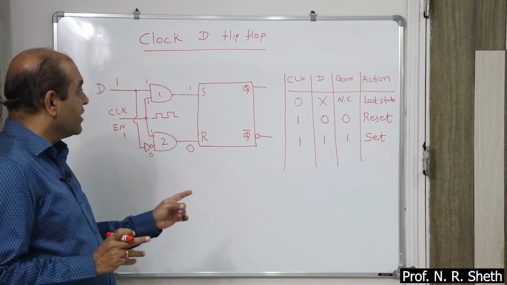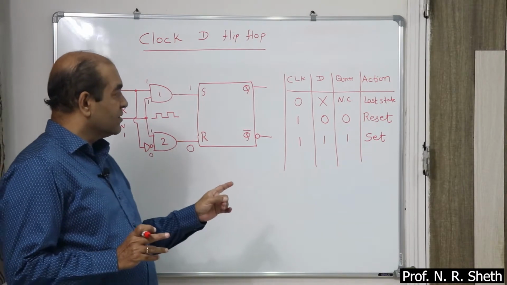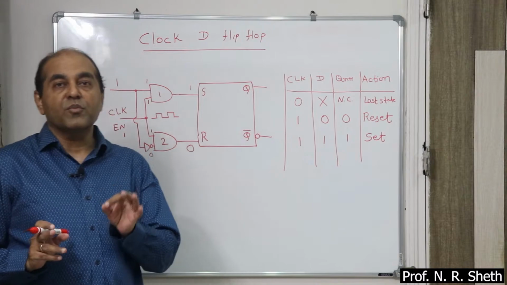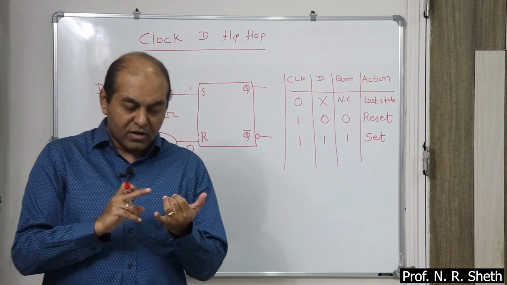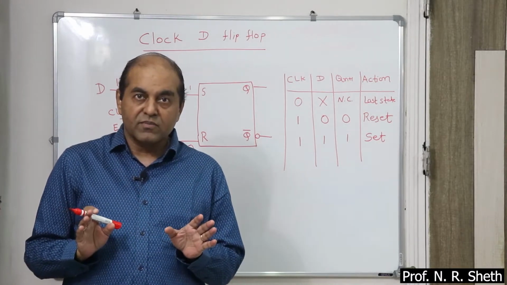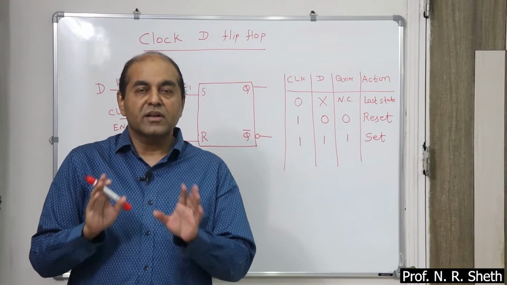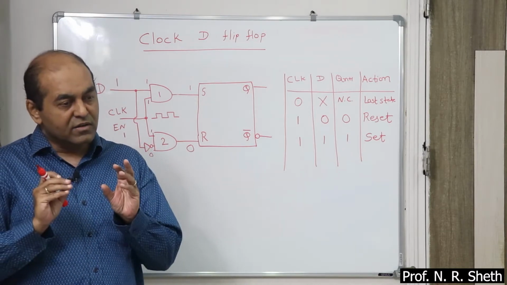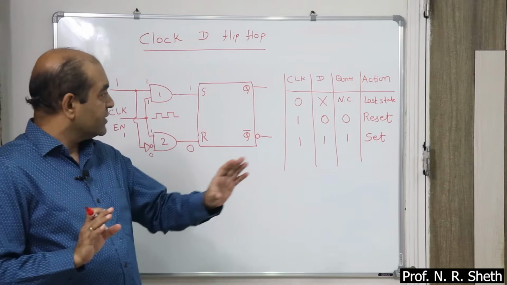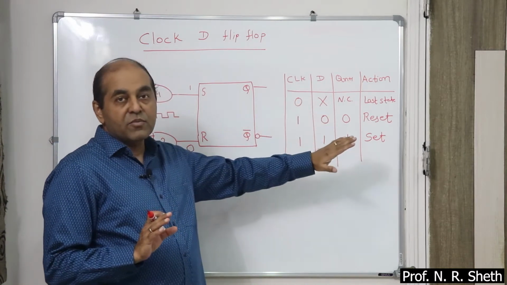And that is why this is a very, very popular flip-flop. There is no forbidden state, so there is no possibility that your system is hanged. Circuit is always either in reset mode or in set mode.